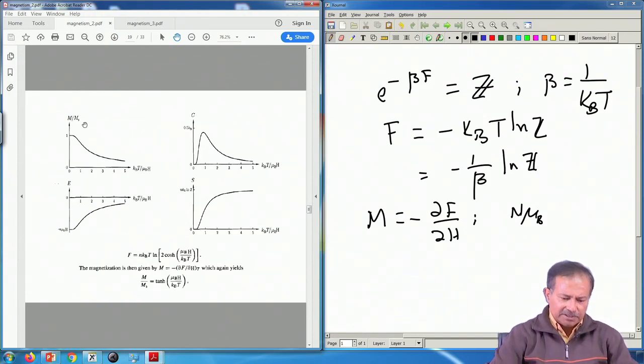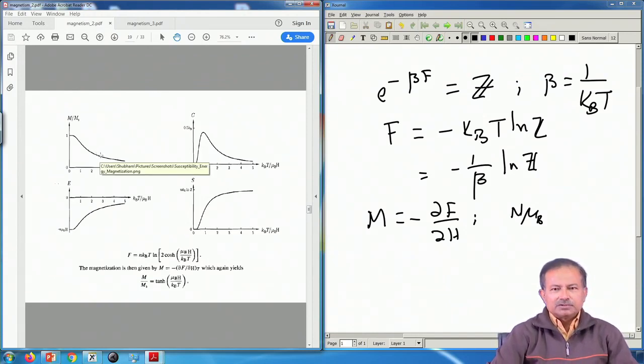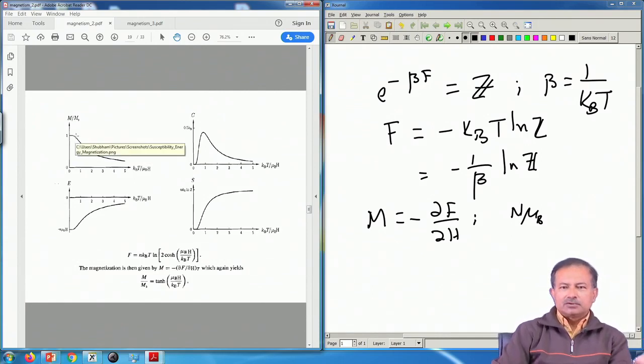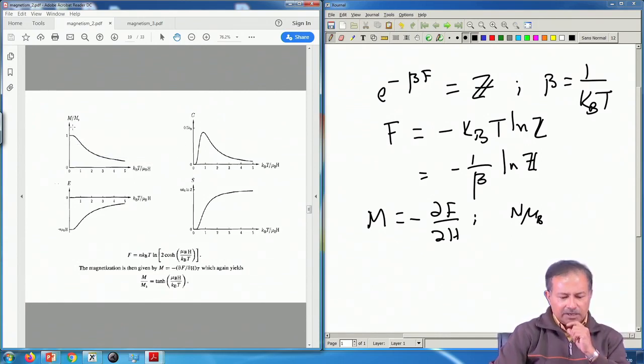The magnetization, of course, you could actually tell how it will behave, because magnetization has to be saturated at low temperature with no thermalization, and it will start to decline from its saturation value.